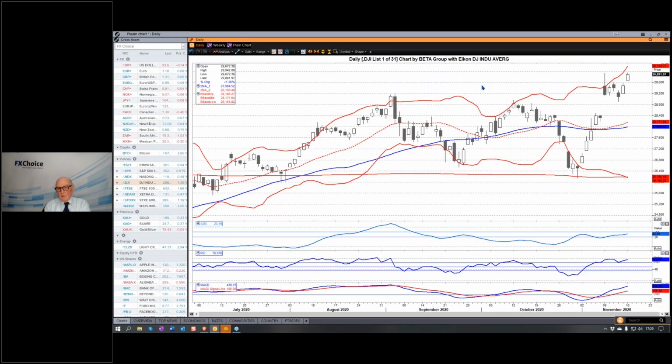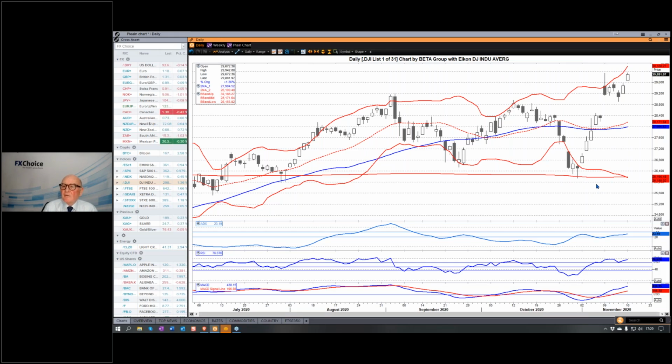I think it looks strong, and you can count all this consolidation here as a big base for it. So if it does pull back again to this area, around 29,200 or so, then it will be well supported. But we're moving up well now.